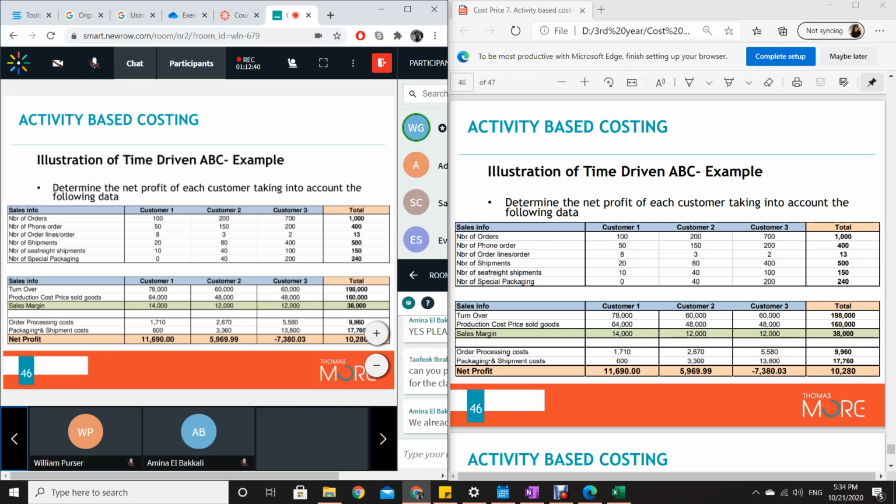You can also see that for some products that seem to have a good sales margin, profit-wise it's totally not the case. Also, because you spend much more time on customer C, they have more shipments, more orders, but the turnover is relatively weak.